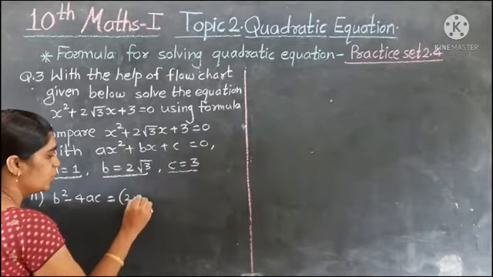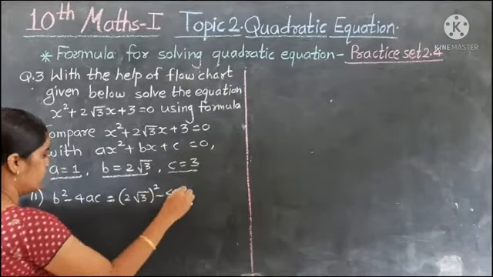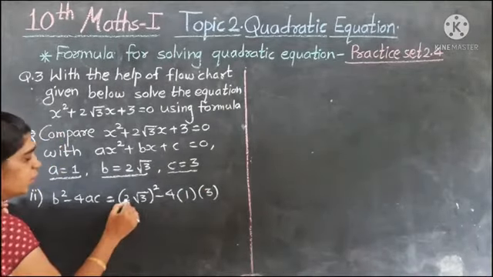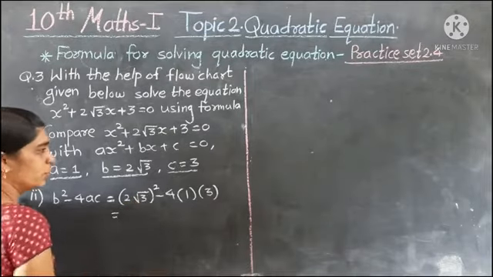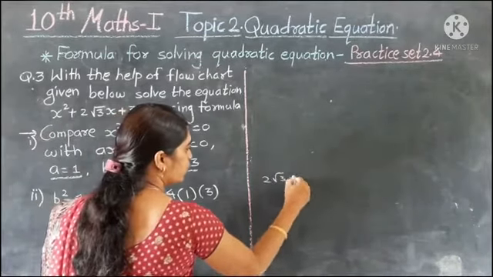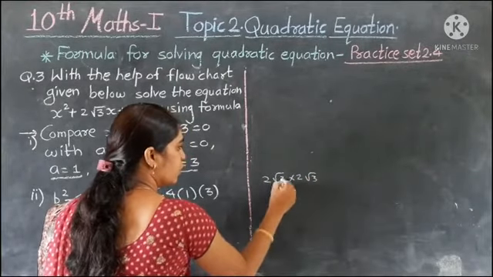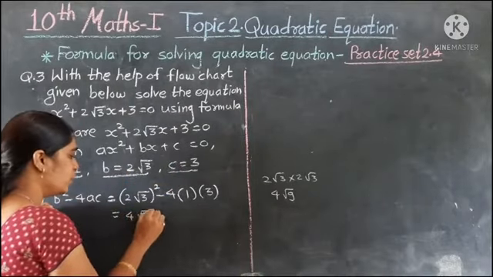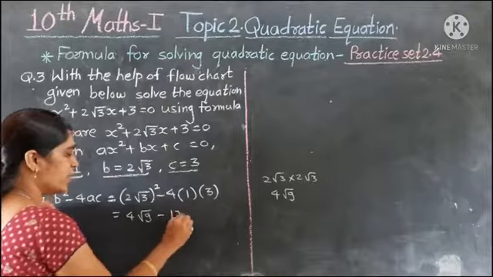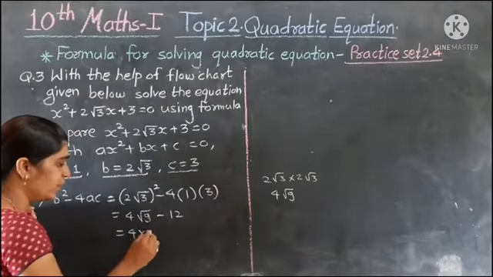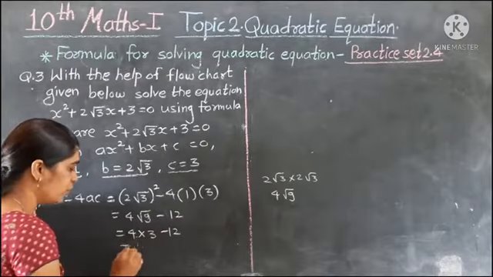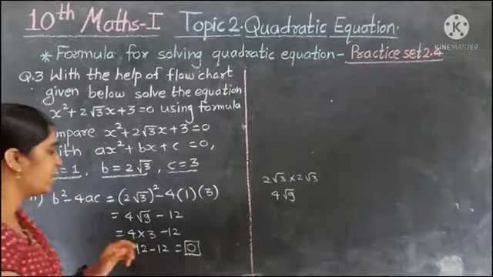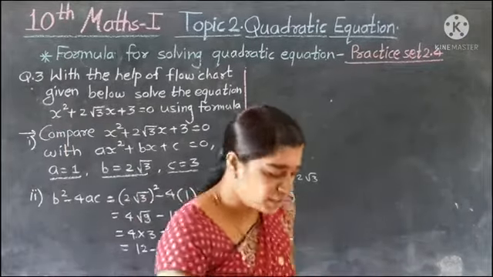What is b? 2 root 3 square minus 4 into a, which is 1, into c, which is 3. 2 root 3 square means 2 root 3 into 2 root 3. 2 into 2 is 4, root 3 into root 3 is root 9. That is 4 root 9 minus 4 3s are 12. 4 into root 9 means 3, so 12 minus 12 is equal to 0. We get the value of b square minus 4ac as 0.